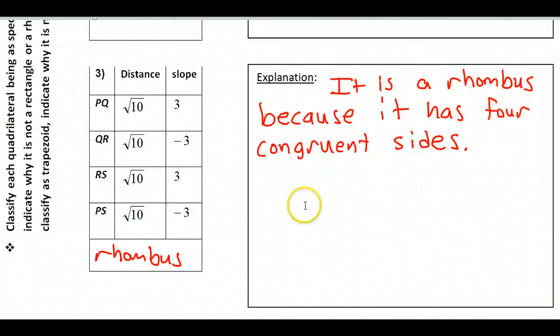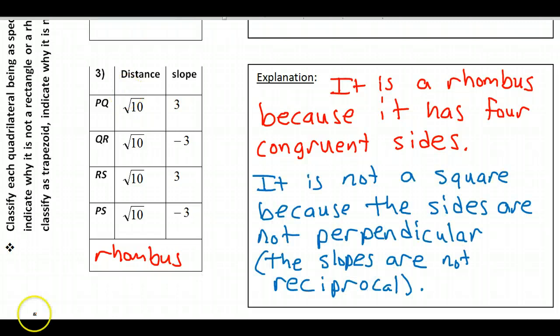So your choices are, you can either write out in words that it's not a square because it does not have 4 right angles, but you need to say something about these slopes over here. You can write it out in words like I just did and explain why it's not a square.